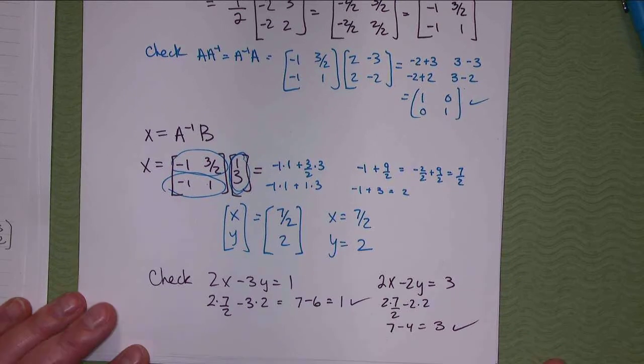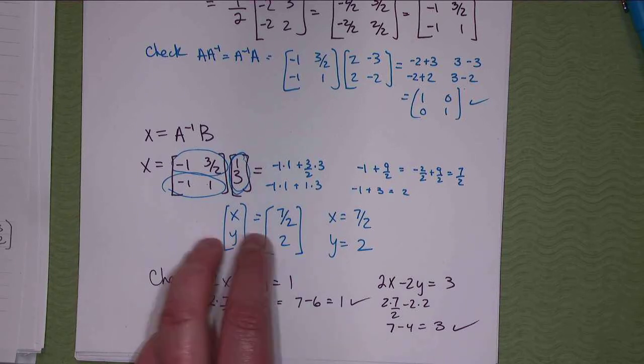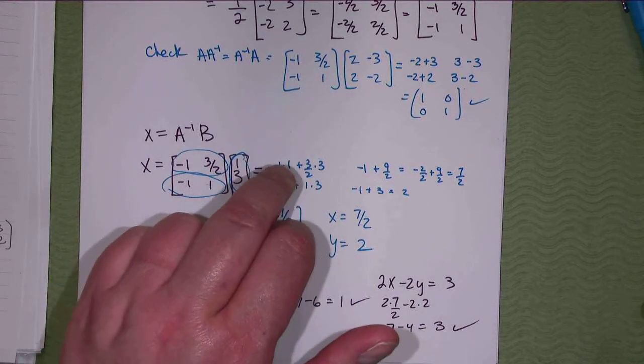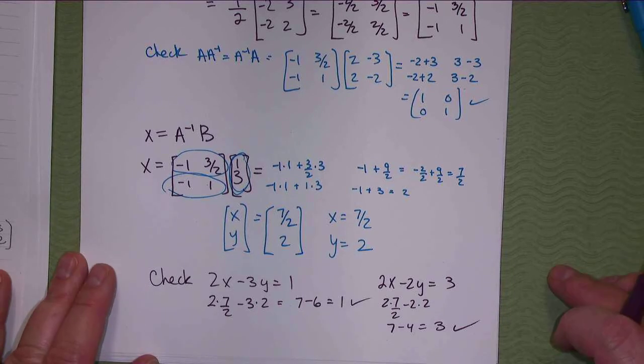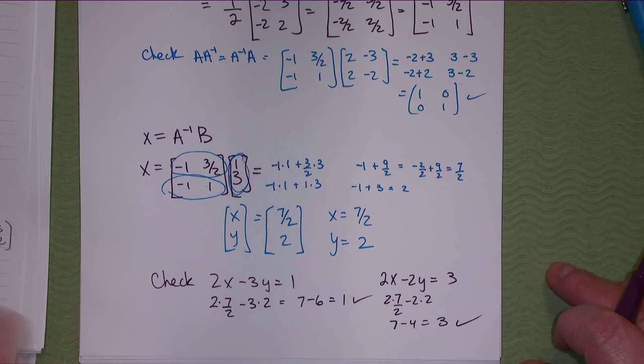Check both, because you could have made one correct and the other one, the multiplication, wrong. So usually it will either work in both or not, but I have seen people fluke into an answer that works in one equation and not the other. So make sure you check both. Okay. So there's our solution.